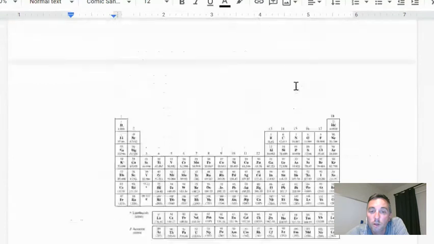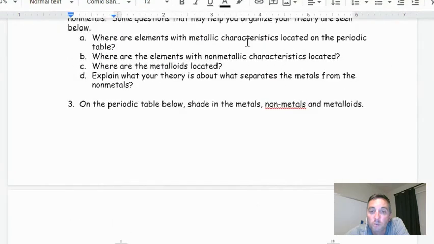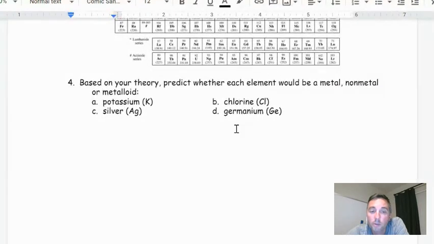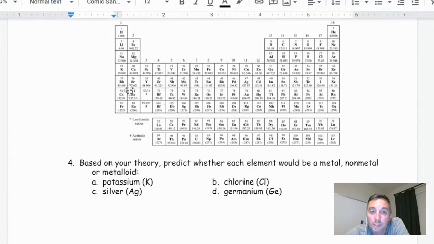Okay, so now we have a generalized idea of where these things are located. We don't know exactly why we put them there, but they're over there for the most part. So then, can we predict what these things are going to be? Potassium's over here on the left, so you guessed it, potassium is a metal. Chlorine is over here on the right, so chlorine's a nonmetal.